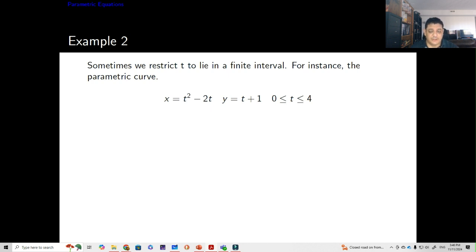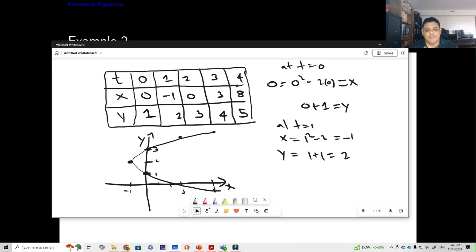So if we take the example from before, x equals t squared minus 2t and y equals t plus 1 with t between 0 and 4, it's just going to give me some of those points that we have from before. So if I plot the points that I obtain, you can notice that now it's only giving me this piece of the curve.